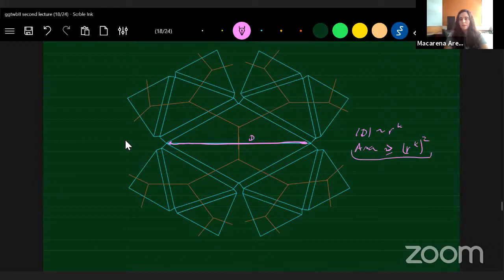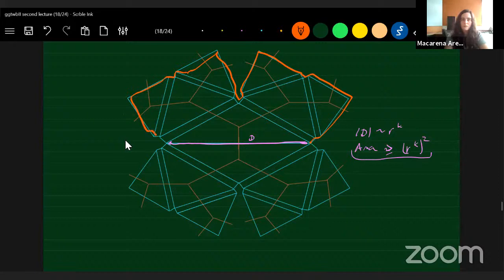And the length of the boundary of the diagram, because we have gotten rid of this long diameter, is related to the growth of the dual tree.